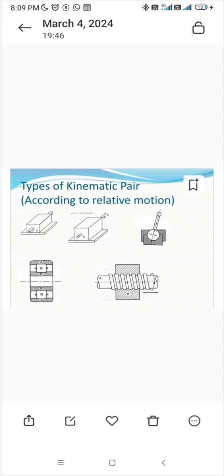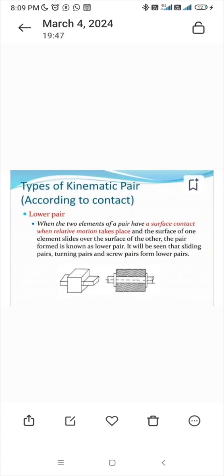So these are the types of kinematic pair. Here we can notice the different types: lower pair and higher pair. So what is meant by lower pair? If a pair in motion has a surface contact between the two elements, it is called a lower pair. It will be seen in sliding pairs.